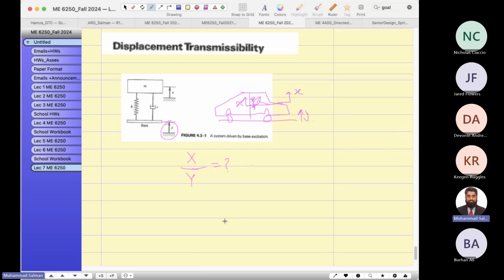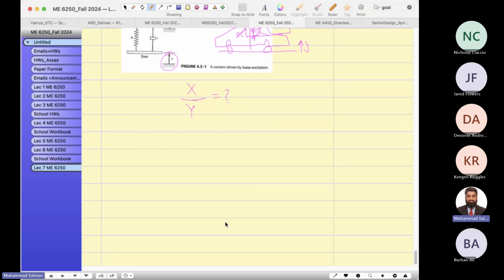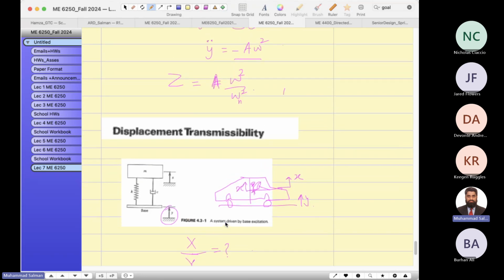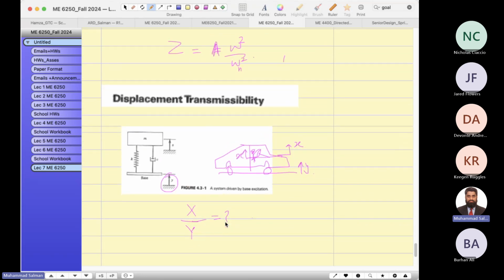So how would you find the exact value of the transmissibility? There are two types of transmissibility. One is displacement, the other is force. Because you are in the car, you are always under force from the road to the chassis, and from the chassis to your body.